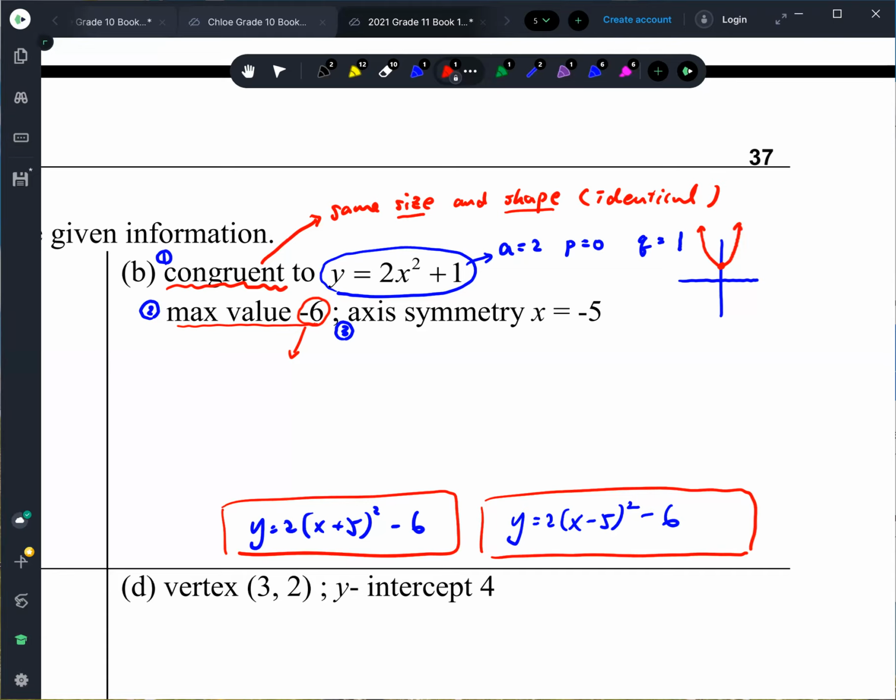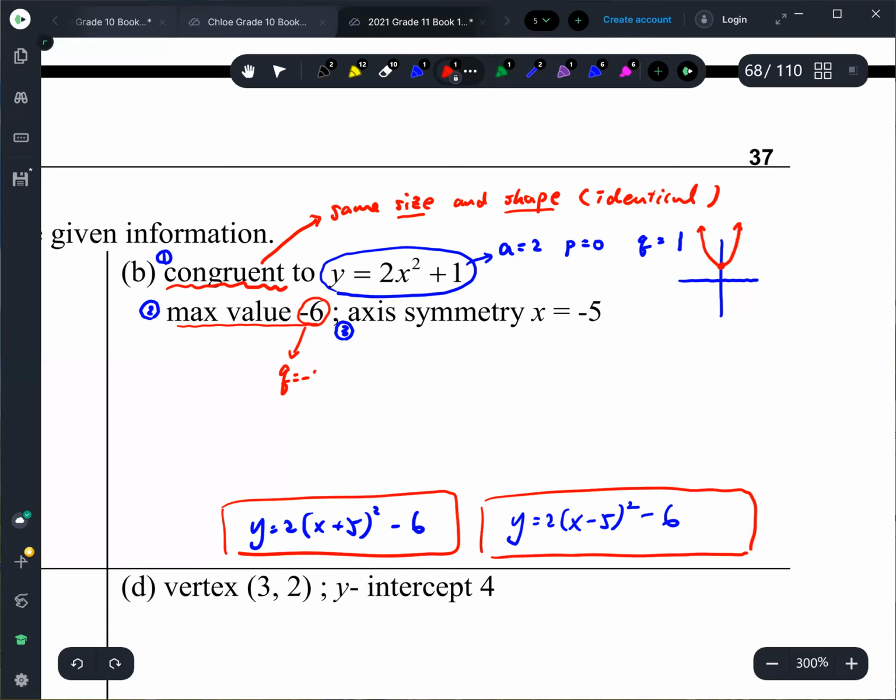Yeah, moving up and down. Okay, so does that tell you about the APQ? If you have a maximum value of -6, is it telling you about the A or P or Q? Oh, the Q. The Q, okay, so we know Q has to be -6.